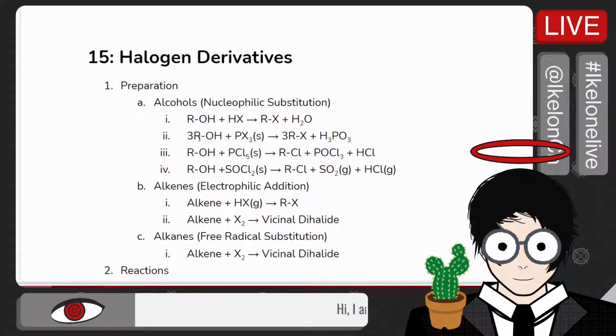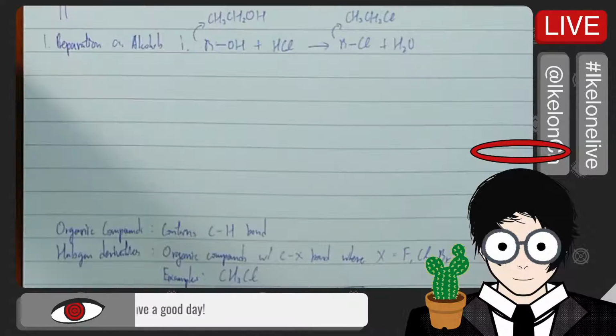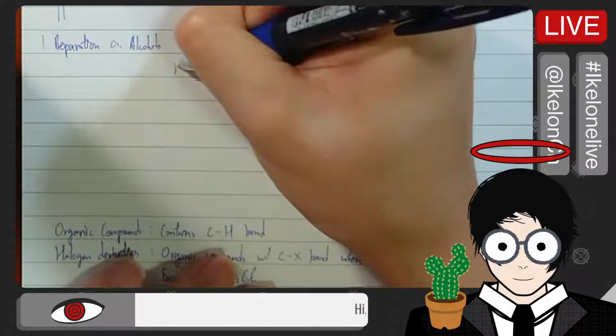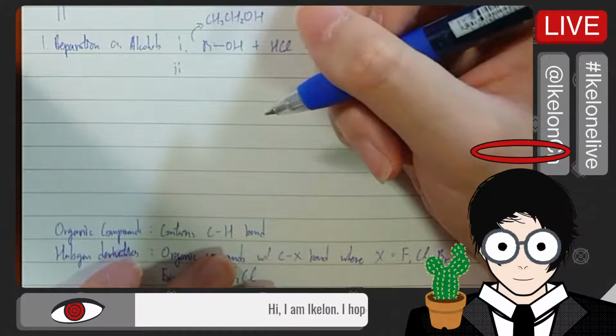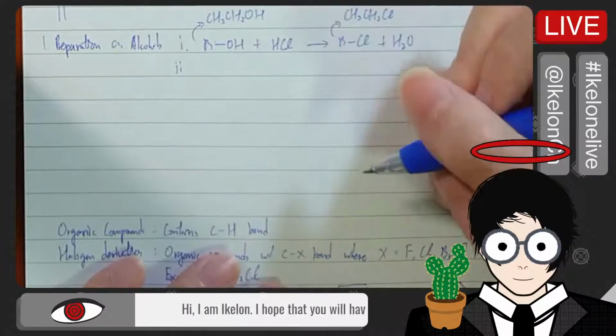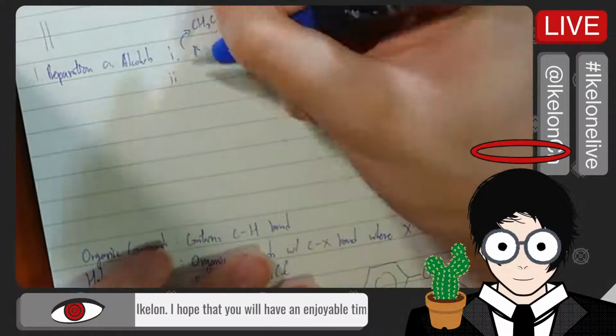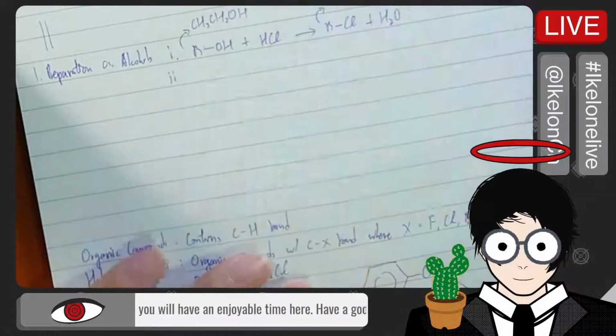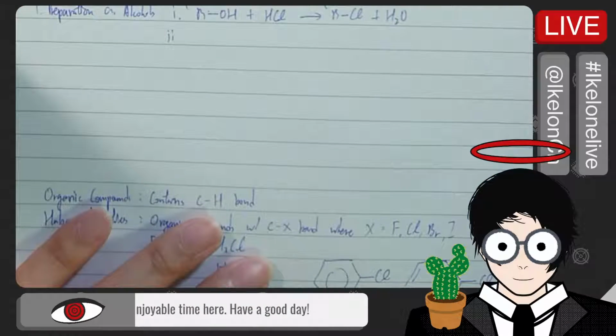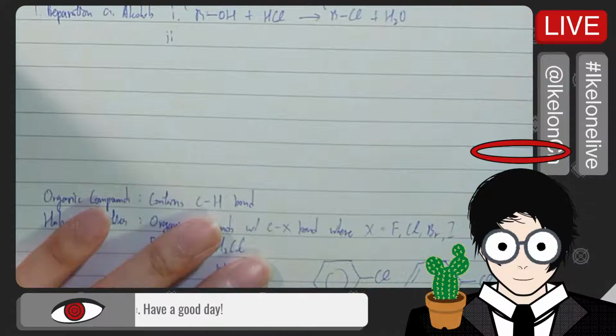The second one, you can use phosphorus trihalide. Phosphorus trihalide, this one. So how this goes, let me give you an example again. I will not write out the R again. I guess I can still write. Let me go back to the computer and show you this.